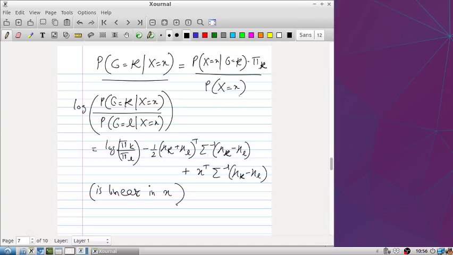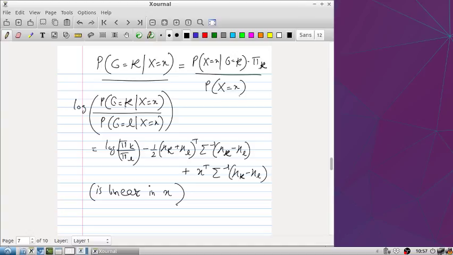There's one x here, so this is x transpose something, and for consistency this whole thing has to be p cross 1. Because x is p cross 1, x transpose is 1 cross p. What I'm saying is, there are some constants, plus x transpose another constant. Constant as in something which is about our assumption about the means and the covariance, and this log ratio is linear. Okay, turns out to be linear.